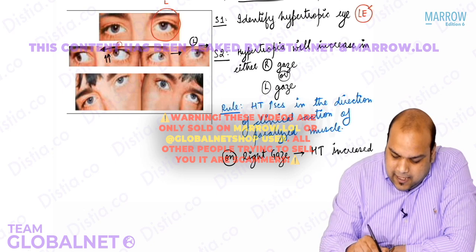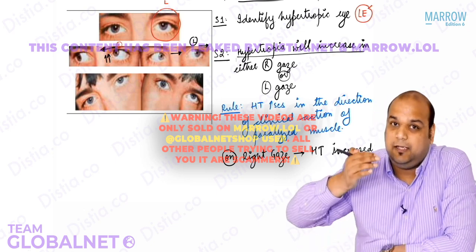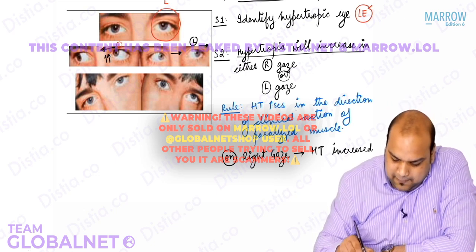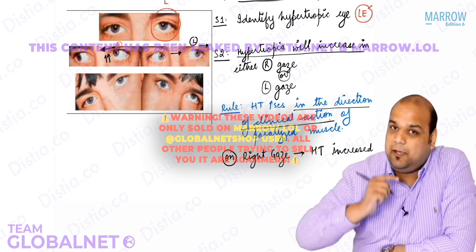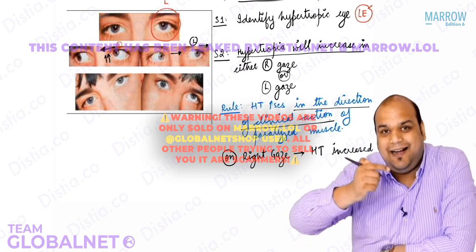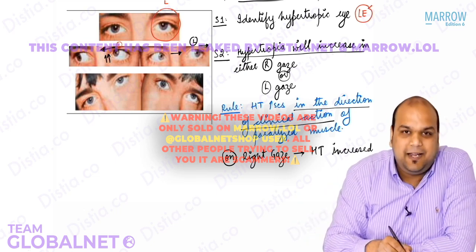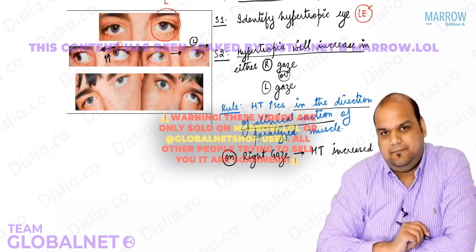So we are saying the hypertropia will increase in any of the gaze, either the right gaze or the left gaze. And the rule is that this hypertropia would have increased in the direction of clinical action. Because the action is adduction, meaning towards the opposite side, the left eye hypertropia is increasing on right gaze.